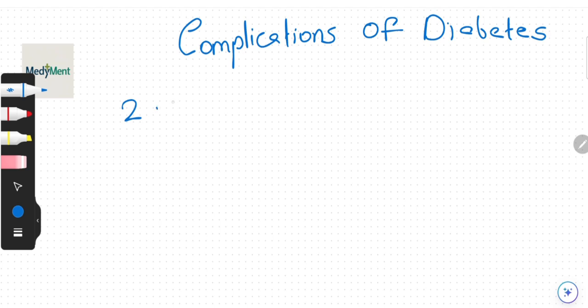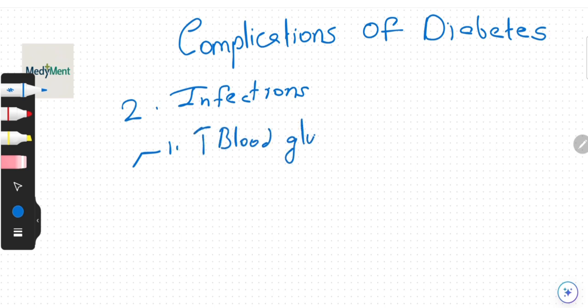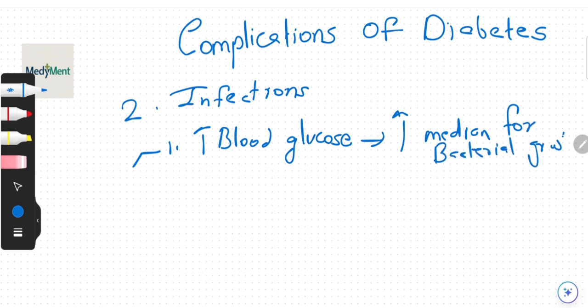Now, the second cause is infections. In infections, what should we know? The reasons for an infection to take place in a diabetic patient: first point, high blood glucose shows a good medium for bacterial growth.